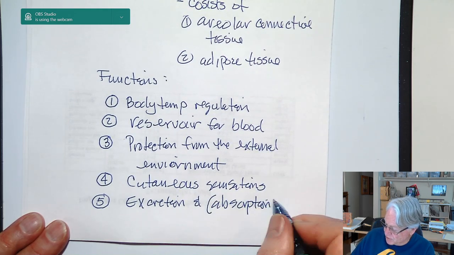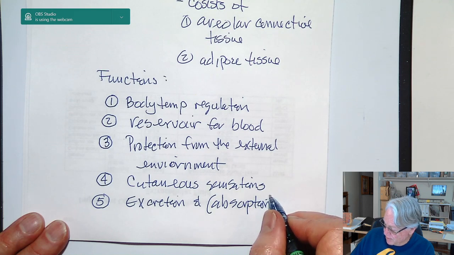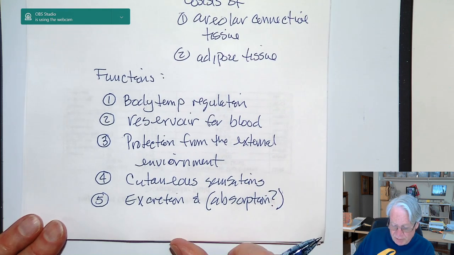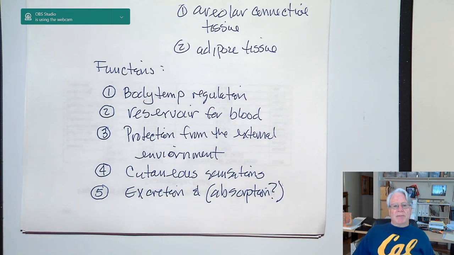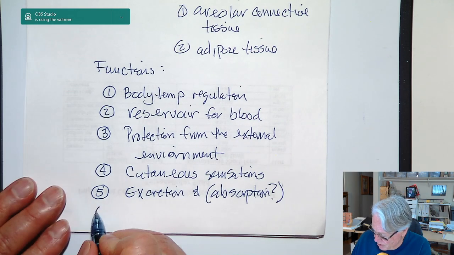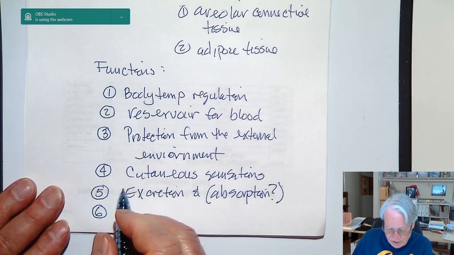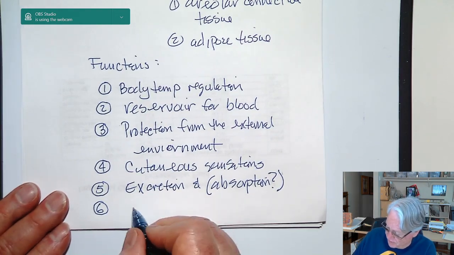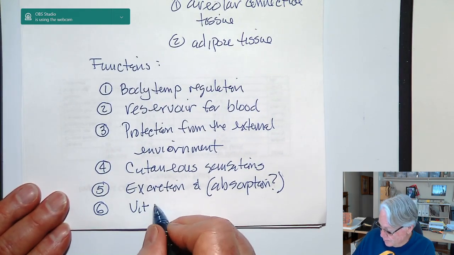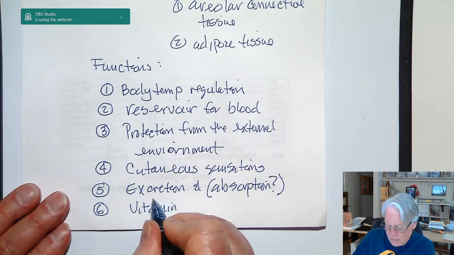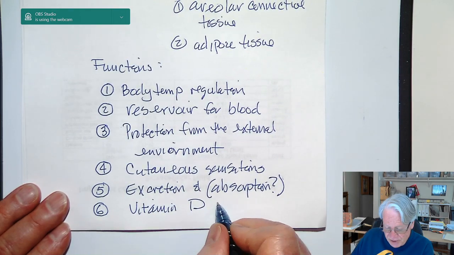I'm going to put parentheses around here. In fact, I'm going to put a little question mark at the end and put a parenthesis around that. And I'll come back to why I did that in just a second. Let's get the sixth one down. The sixth one is that it's involved in vitamin D synthesis.